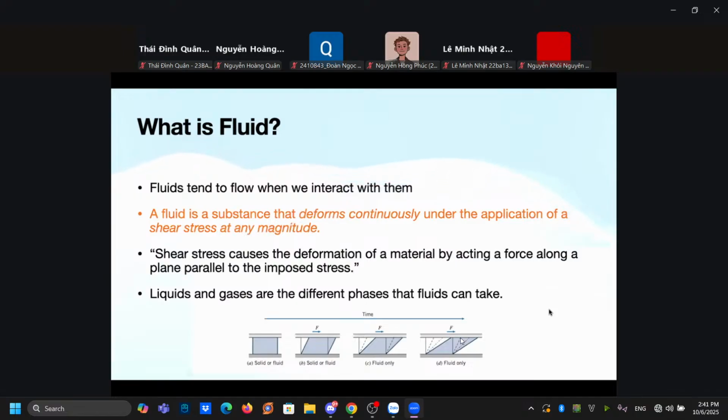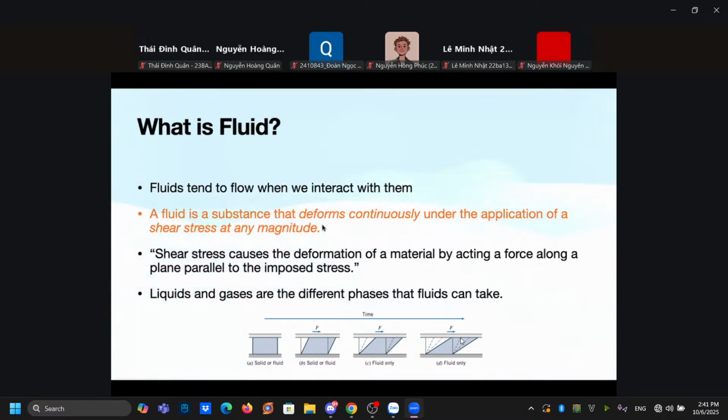For engineers, they define a fluid as a substance that deforms continuously under the application of a shear stress at any magnitude. If you wave your hand in air, you can see that we interact directly with it easily.